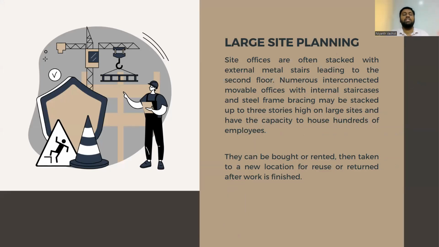Hence, numerous interconnected movable offices will be placed one on another and made like a block in itself, all connected with internal staircases and steel frames. This is because, like I told, lightweight, non-corrosive, and easy to transport. With that, we can have capacity of over hundreds of employees which can be transported easily.